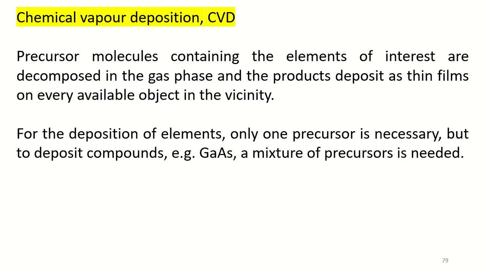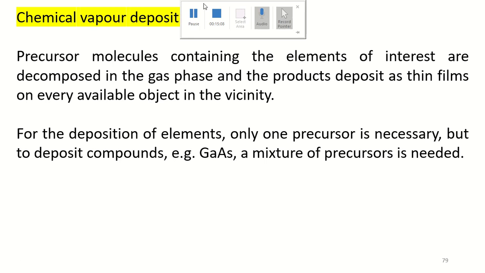An alternative is to use single source precursors, which may contain all the elements of interest in the correct ratio. This necessitates the design of organometallic molecules which decompose cleanly to give the desired product.